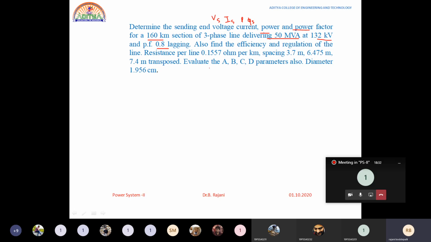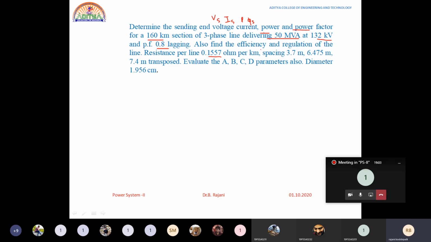The resistance has been given, but he didn't give you the capacitive reactance and inductive reactance, which you have to find. He had given you only the resistance. That is the given data.